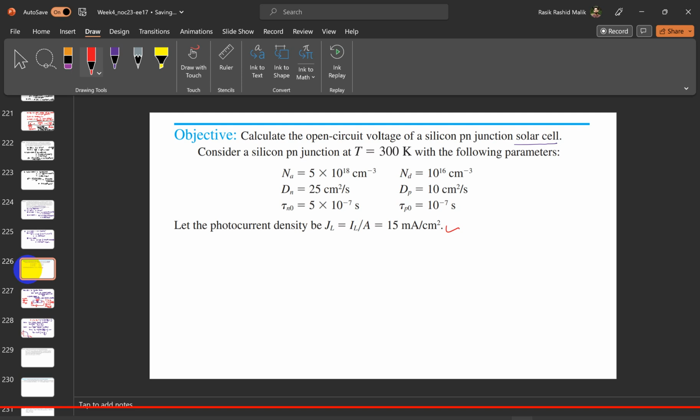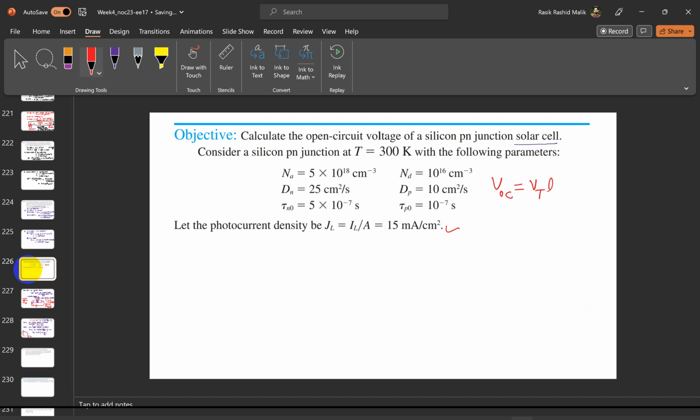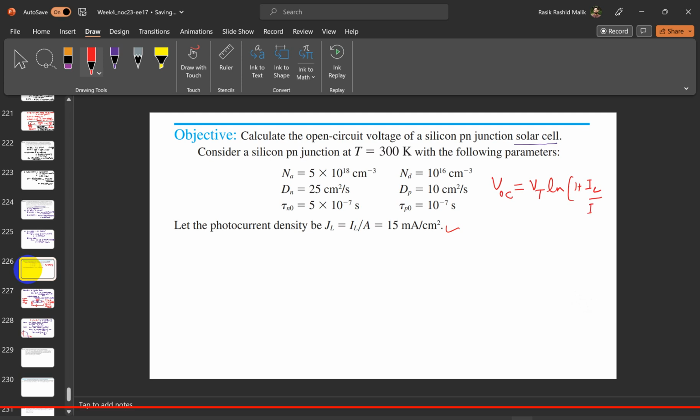Okay, let me just write the expression for the open circuit voltage, which is given by Vt ln of 1 plus IL by IS.